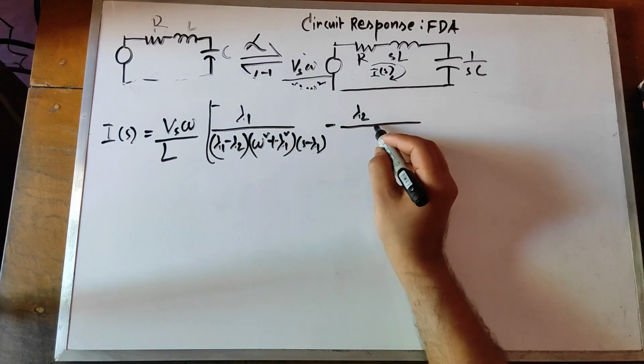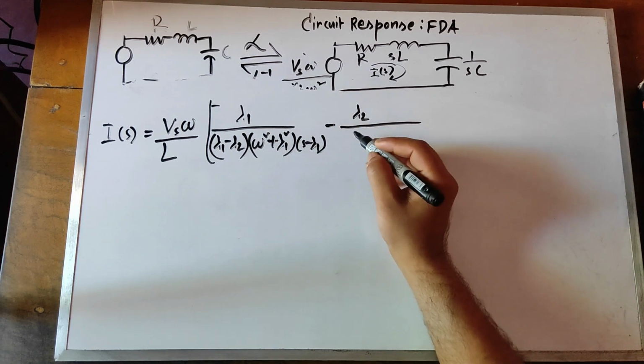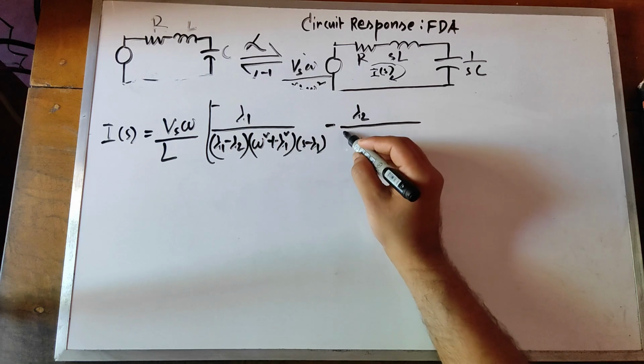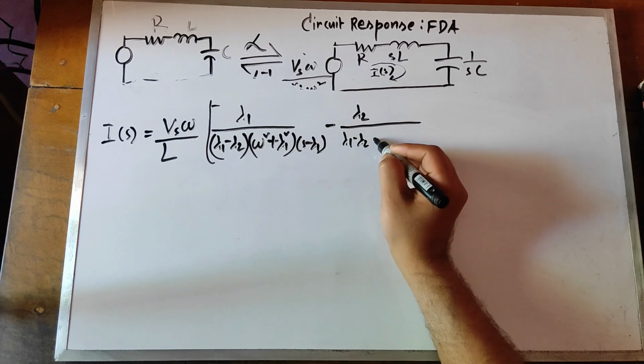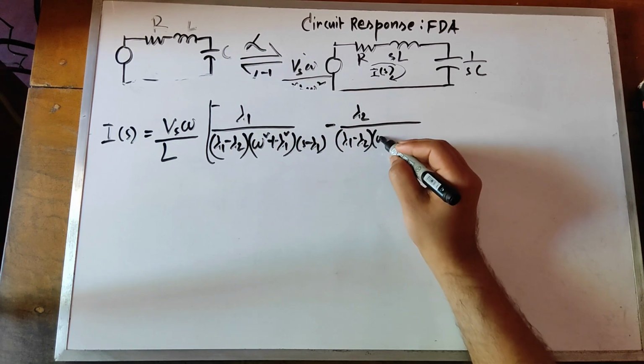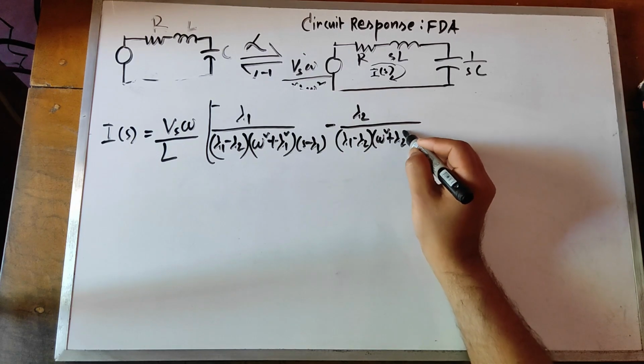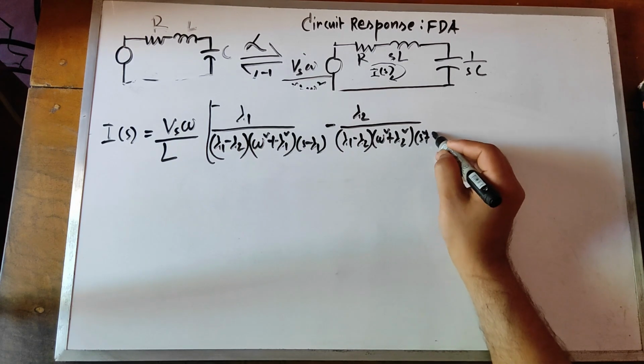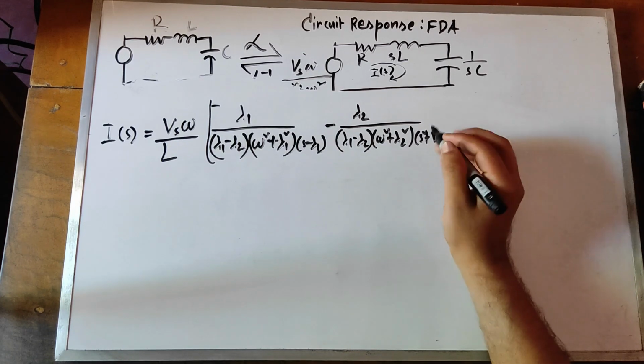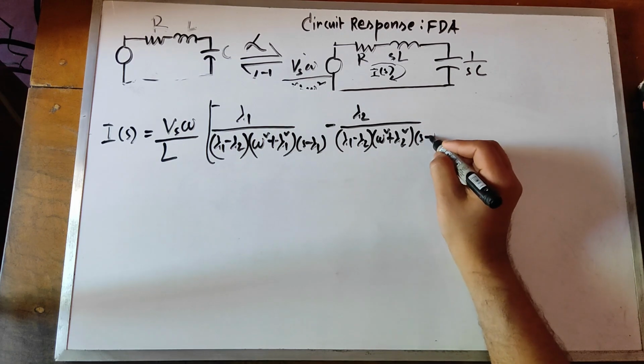This is B by s minus lambda 2, so the expression for B is lambda 1 minus lambda 2 omega square plus lambda 2 squared, s minus lambda 2.